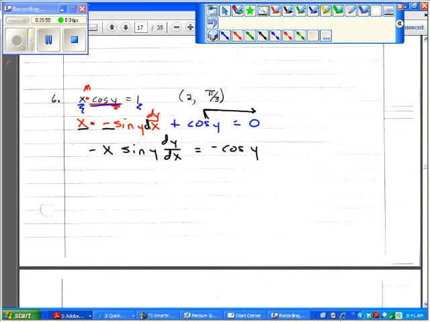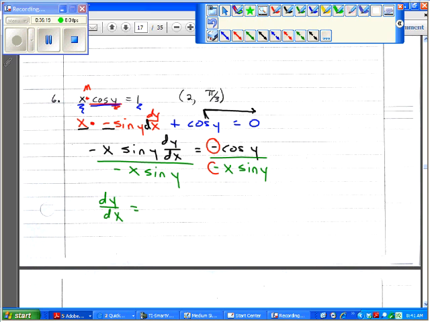Now, I can divide off the stuff that's on the dy dx, so I'm going to divide off the negative x sine y, and so I'm going to have dy dx is equal to, maybe we can go ahead and do this here.